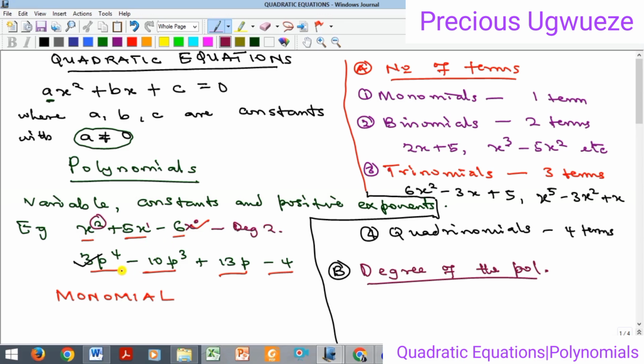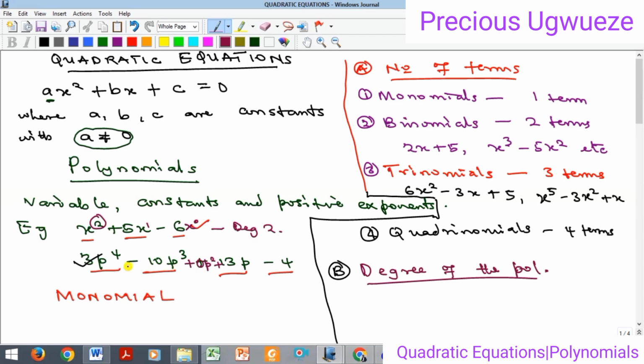Now, if you come down to this example here, there is degree 1 here, there is degree 0 here, there is degree 3 here, there is degree 4. And in fact, there is degree 2 here also, if you don't mind, because I can say plus, something like 0p raised to power 2, and I'll still put plus here, and I have not changed anything, because 0 times anything is still 0.